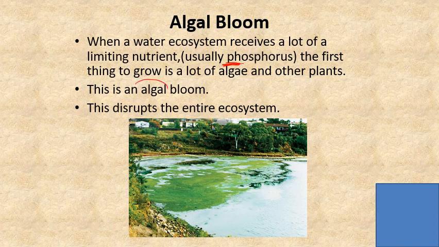Now, algae, a very simple organism that can grow very quickly, utilizes that boost to have a bloom. So it grows very quickly, much faster than the other plants and animals around it.